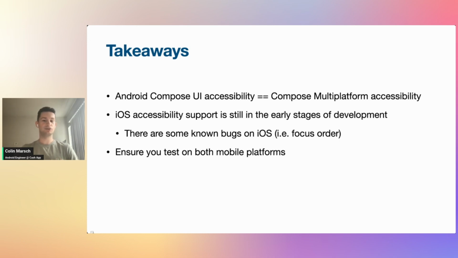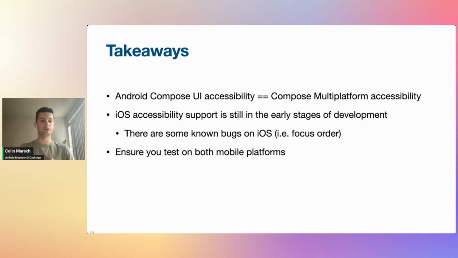That is not to say that everything will be working as expected, however, as the iOS accessibility support is still in the early stages of development. According to JetBrains, there are some known bugs in their issue tracker. One of them I actually ran into during testing of this presentation, specifically around the focus order of the elements on the screen.